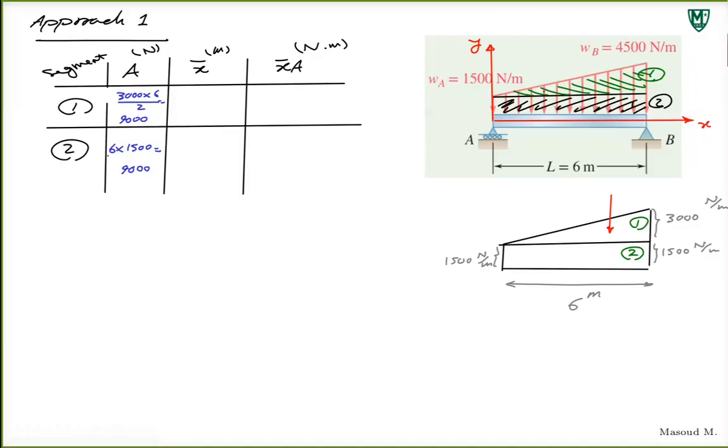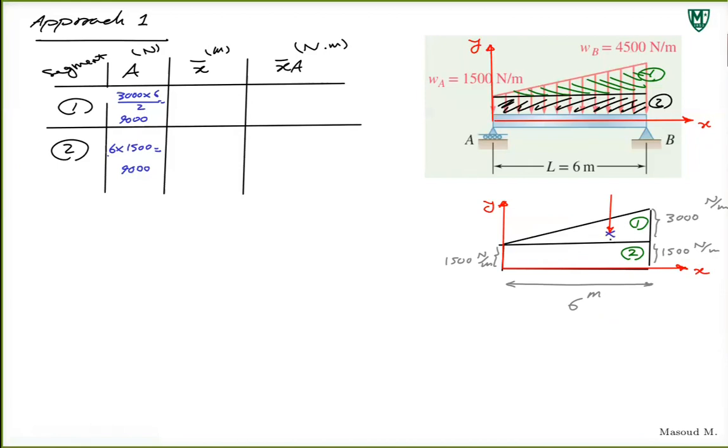Let's say segment 1. Now, segment 1 is this triangle, right? This triangle, we are trying to find, let me put the coordinate here. This is x, this is y. We're trying to find where the centroid is in this coordinate system.